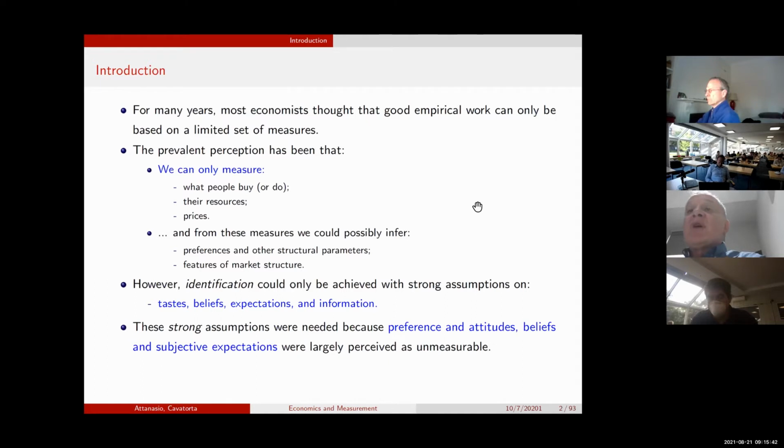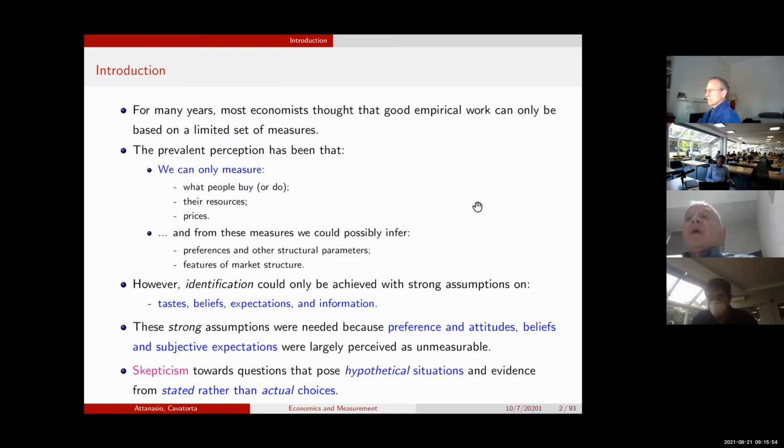And often these strong assumptions were needed because people's beliefs and expectations were perceived as unmeasurable. And so there was quite a bit of skepticism towards questions and questionnaires that pose hypothetical situations. The reference to my talk yesterday is apparent here.